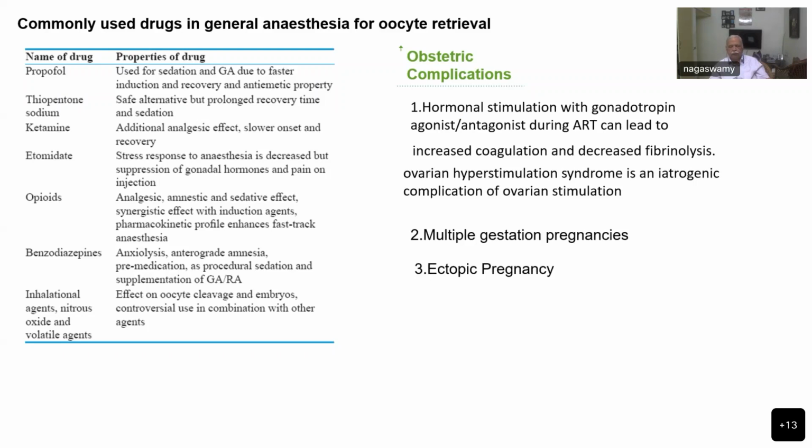The fertilized ovum may get stuck in the fallopian tube, or it may be deposited outside somewhere when you transfer the embryo. So these things may lead to ectopic pregnancy, and the baby may be of low birth weight, preterm, or small for gestational age.